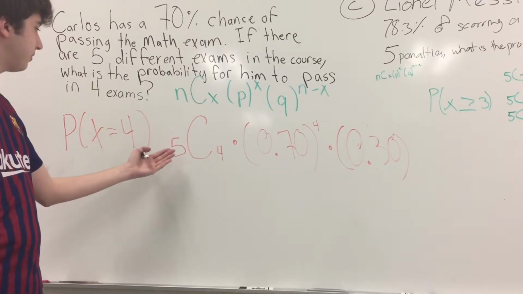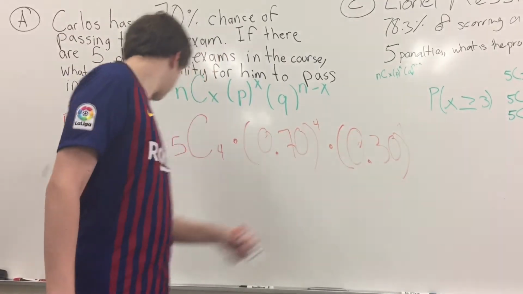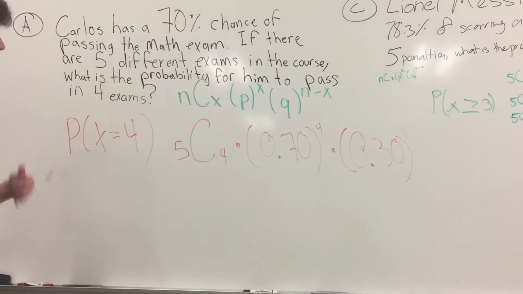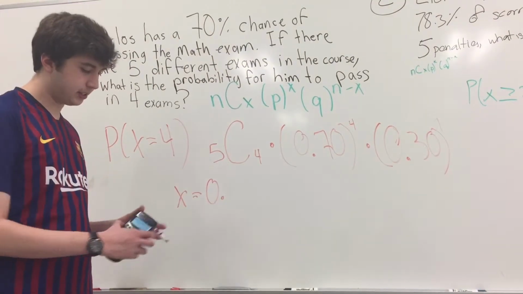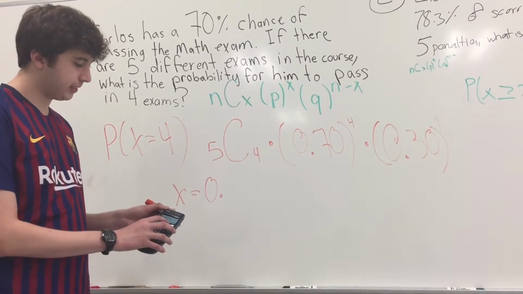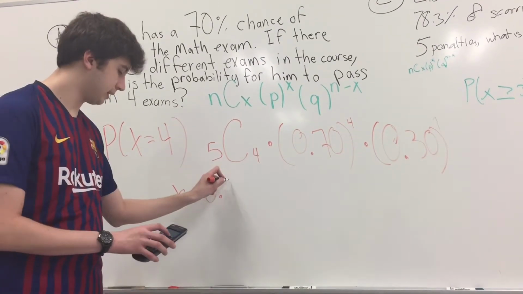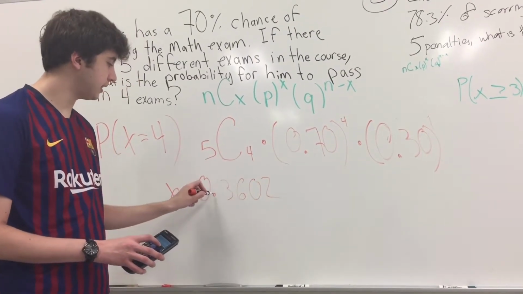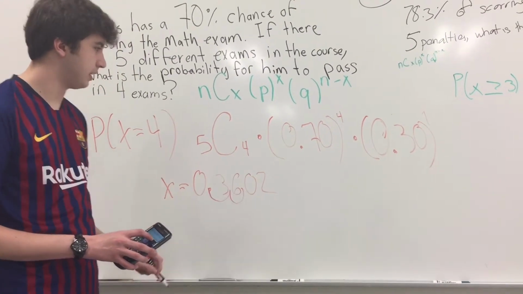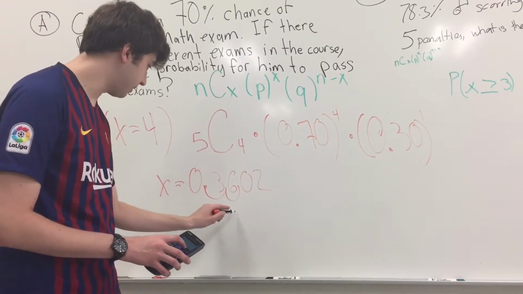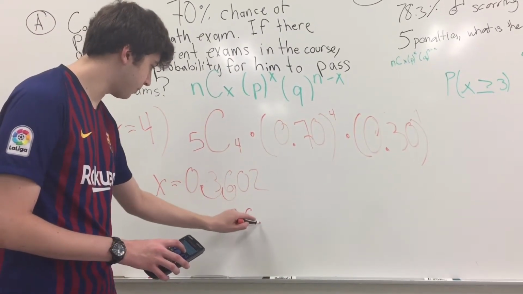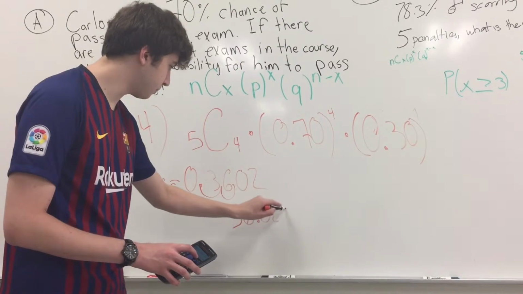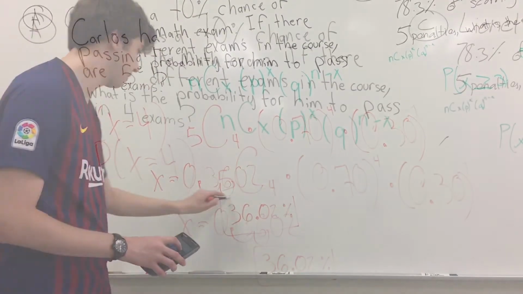We subtract 5 minus 4, being 1. Once we punch it in the calculator, it gives us 0.3602. Now we multiply it times 100 to make it a percent, and it gives us 36.02%. This is our final answer.